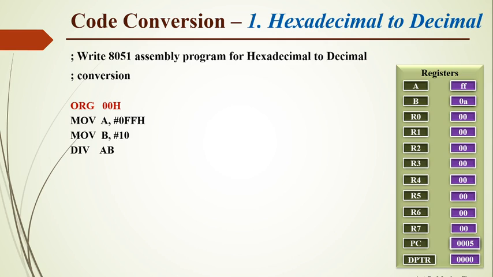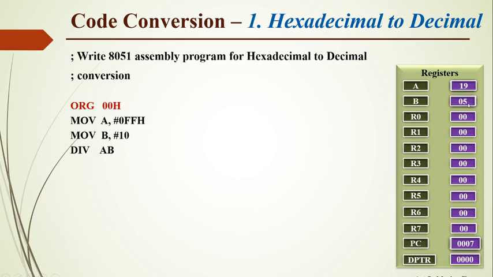Now DIV AB, we are performing the first division. After execution of this instruction, A will contain the quotient and B will contain the remainder. So here the accumulator will contain the value 19H and B will contain the first remainder, that is nothing but the LSD digit of the decimal, that is 05.